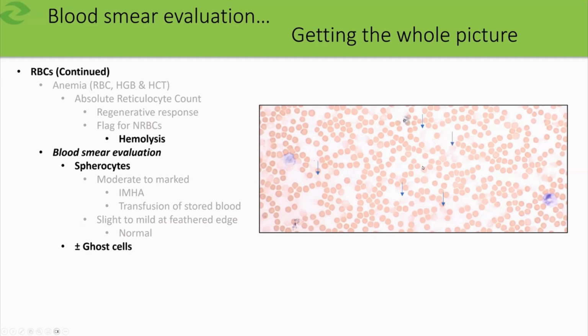This is actually an artifact of too acidic a wash buffer being used to wash the stain off, and that can cause lysis of the cells and this ghost cell formation. And again, if you're out here in the really thin area of the smear, everything looks like spherocytes. So go into the monolayer and make sure that the spherocytes are truly there.